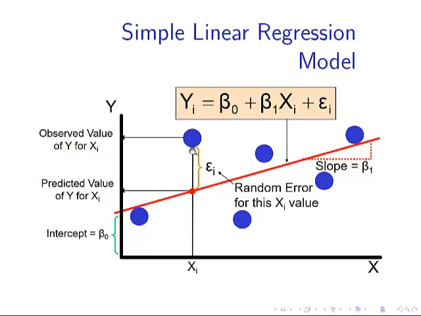Suppose that these are the points given in your data. This is x1, x2, x3, x4, x5, x6, and so on. Let's say this is xi. And suppose that this is the line which passes through these points, the line which we want to find out.